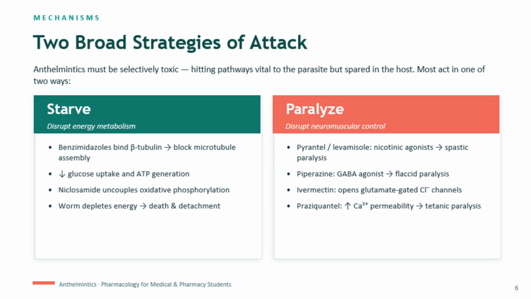The second strategy is to paralyze the worm by disrupting its neuromuscular control. Pyrantel and levamisole cause spastic paralysis. Piperazine causes flaccid paralysis. Ivermectin opens chloride channels, and praziquantel triggers a calcium-driven tetanic paralysis. Starve or paralyze. Every single drug we discuss today fits into one of those two buckets.